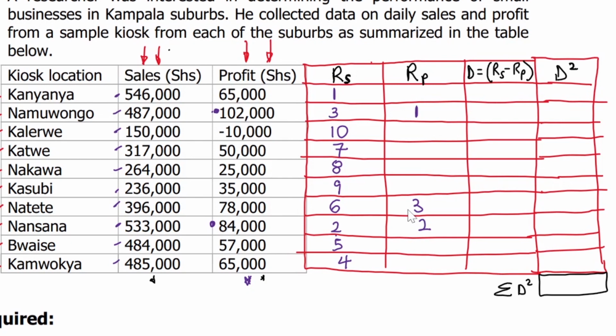Then we have the fourth. From 78, do you have any other 70s? No. We have 60s. We have 65,000 here, and now we have 65,000 and 65,000.